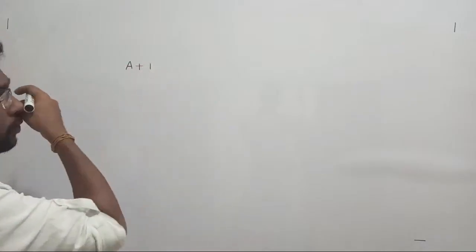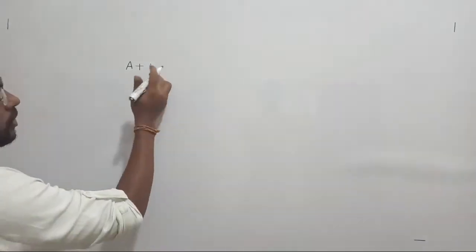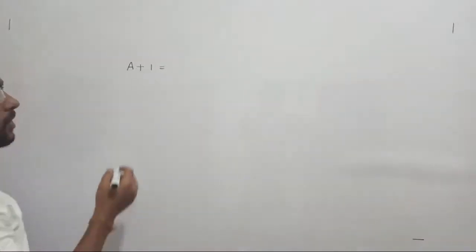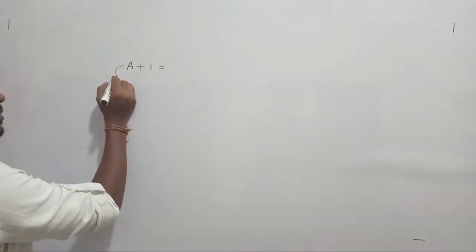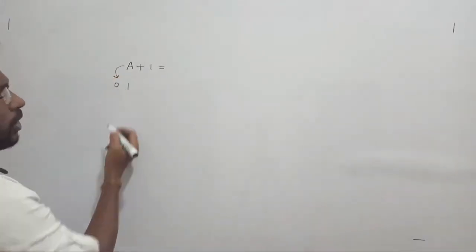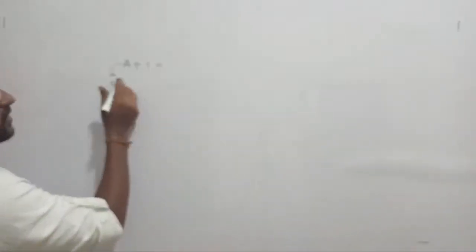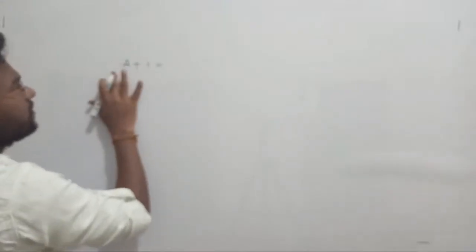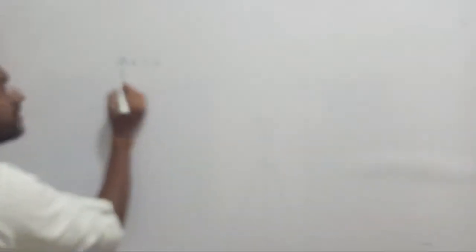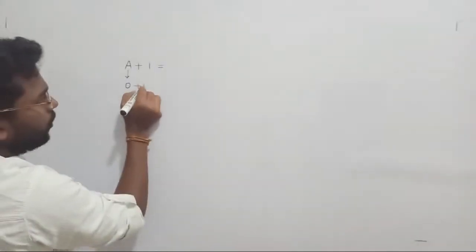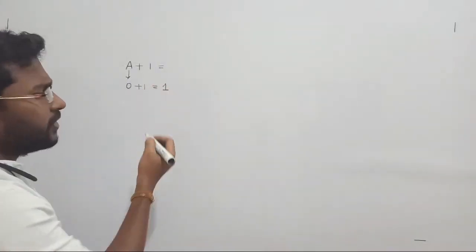I am doing the OR operation once again. A plus 1 should be equal to what? This A might be 0 or it might be 1. Let us see both combinations. If A is 0, then 0 plus 1 will be equal to 1 because we are doing the OR operation.